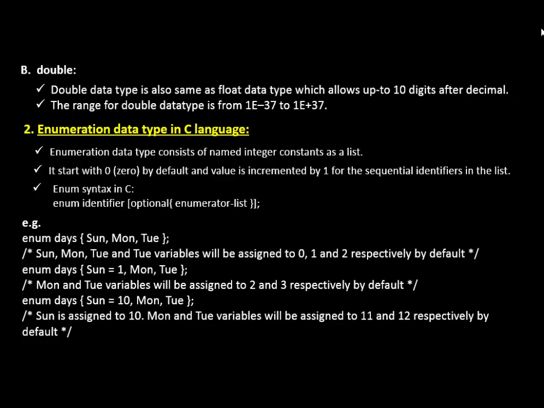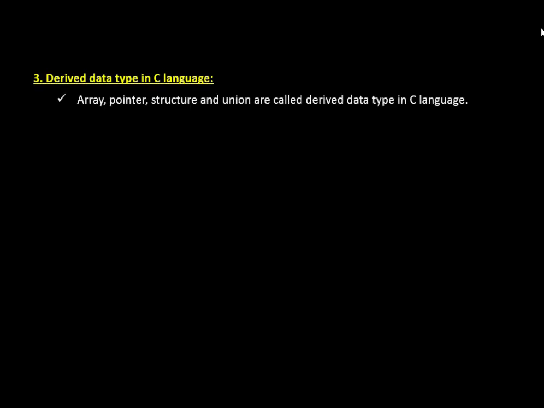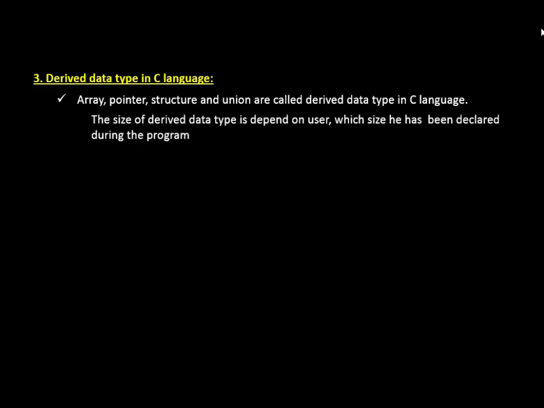Derived data types in C language. Array, pointer, structure and union are called derived data types in C language. They are also called non-primitive data types. The size of a derived data type depends on the user. It means whichever size is declared during the program.